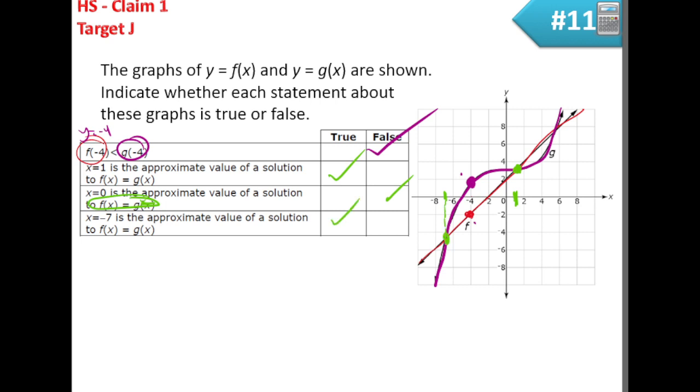Yes, they do. That's true. That's false, true, false, true. Oh, wait. F of negative 4 is true. Oh, sorry. Yeah, that's true, because f is less than g.